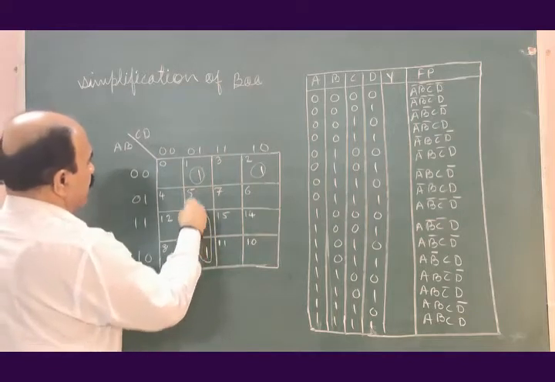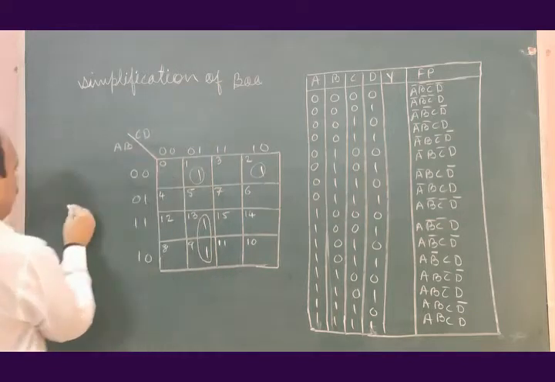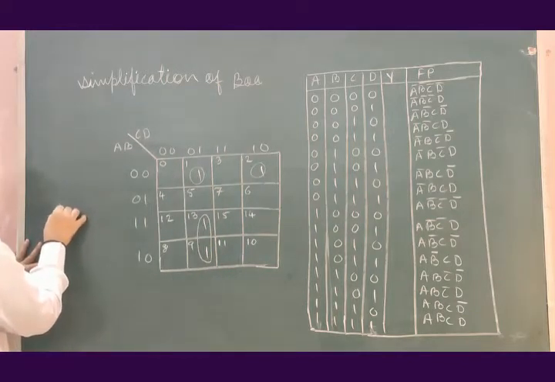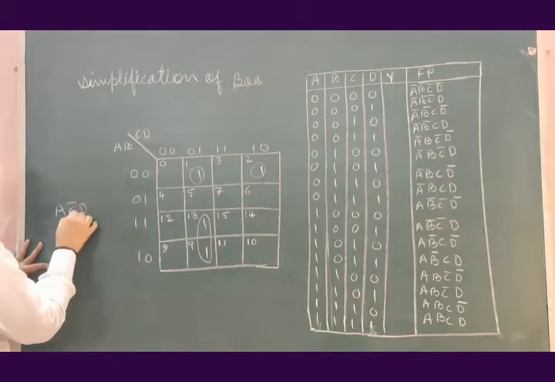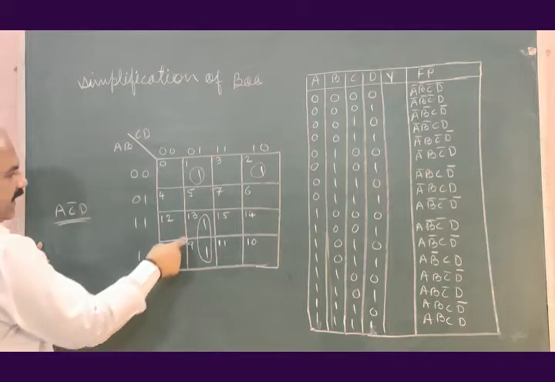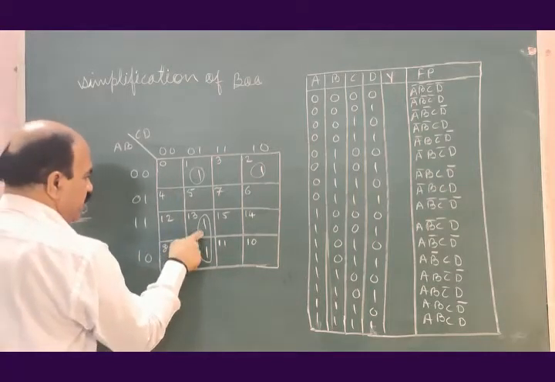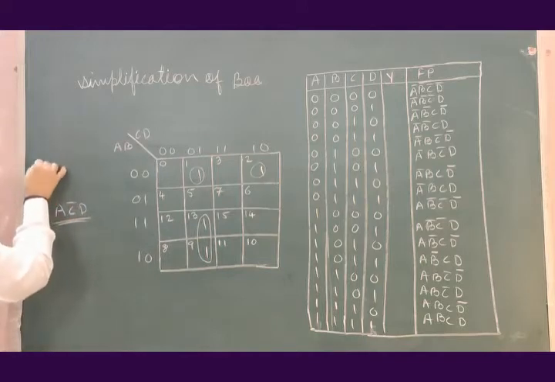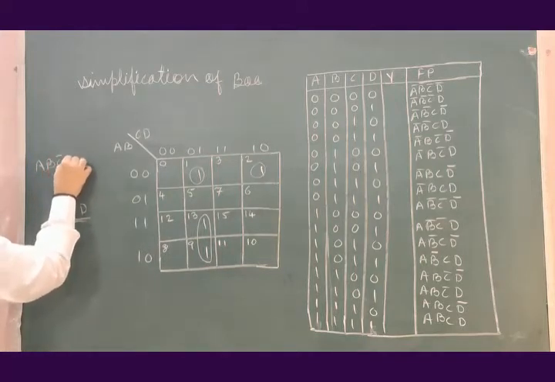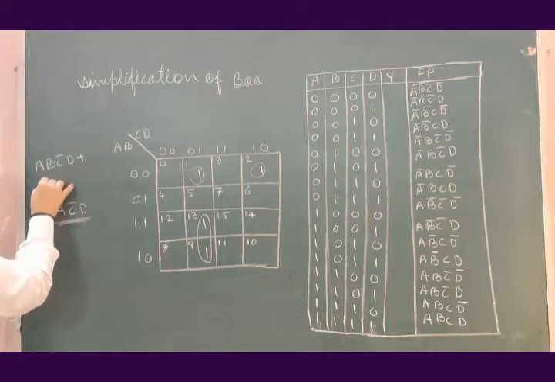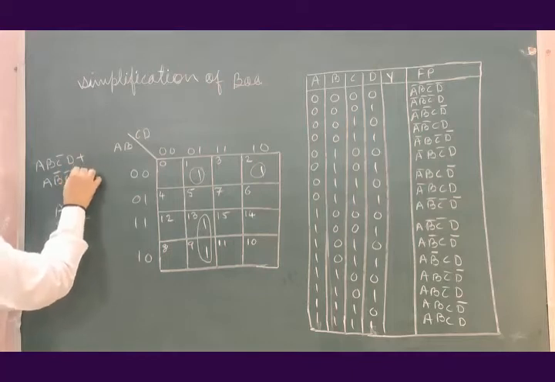So equation for this pair will be A C bar D. And if you write the whole equation for these two ones, it will be A B C bar D or A B bar C bar D.